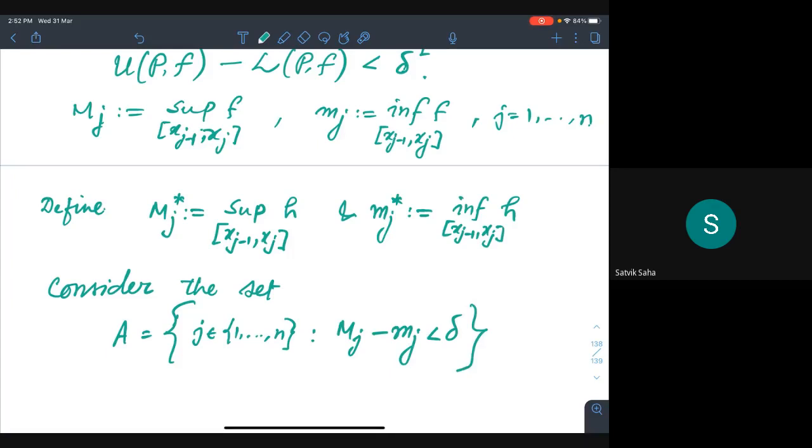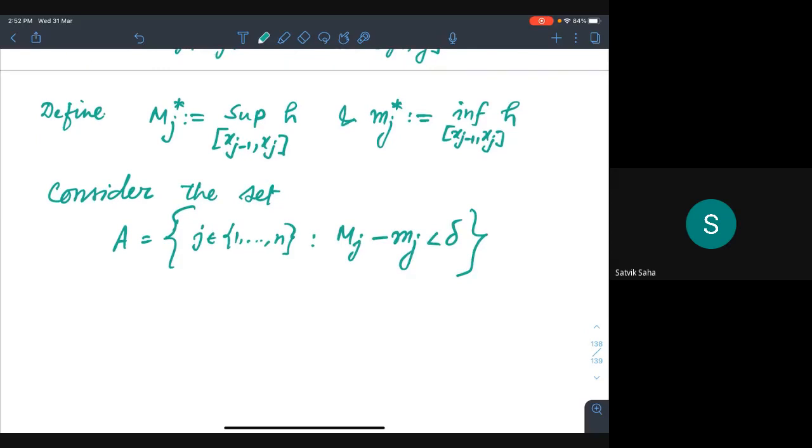You collect all such integers j in 1 to n such that on the interval [x_{j-1}, x_j], the difference between the supremum and infimum is less than delta, and call it A. And consider B to be the set of j in 1 to n which is just the complement of A in 1 to n, which means Mj minus small mj is greater than or equal to delta.